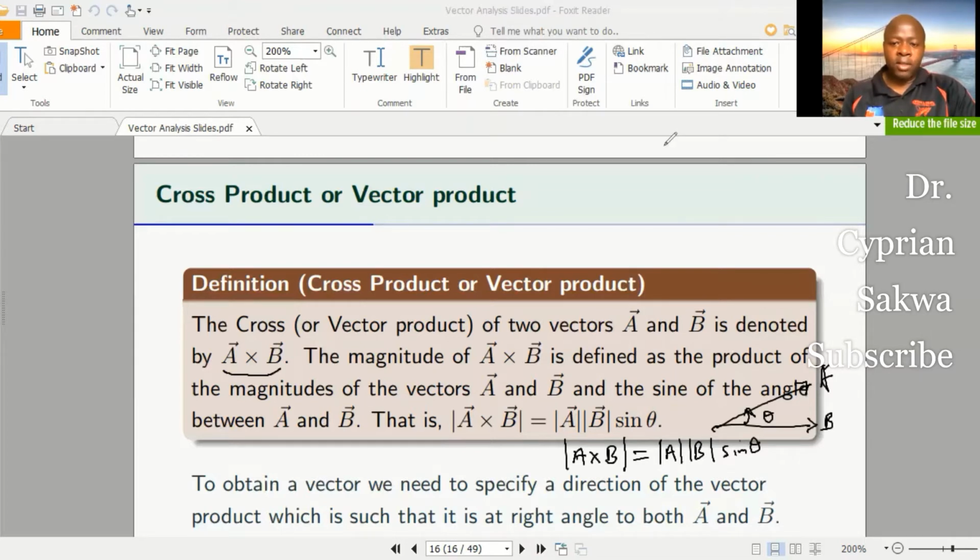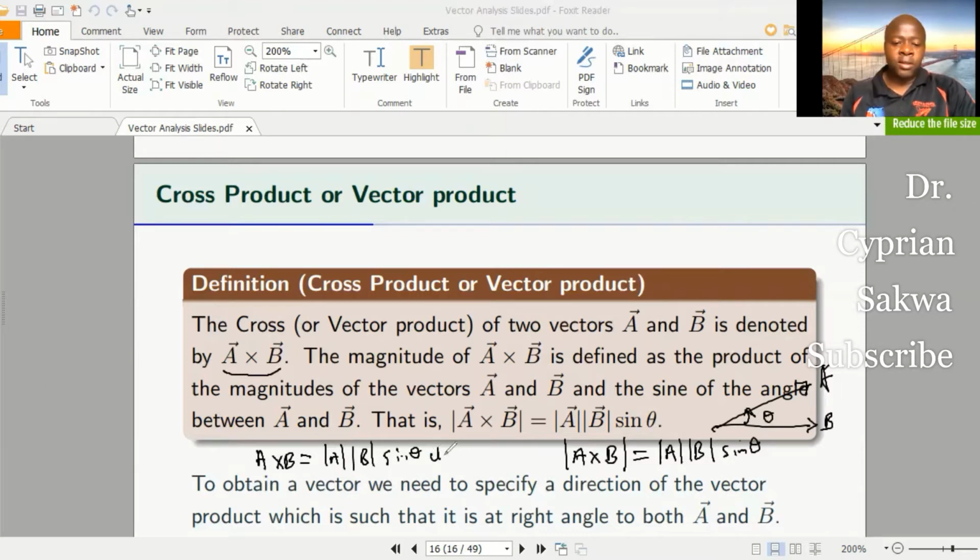Now, what about the definition of the cross product? The definition of the cross product must have the direction of this cross product, and so we must add times a unit vector. So if I were to define the cross product of A and B, it would be defined as the magnitude of A times the magnitude of B sine theta times a unit vector.